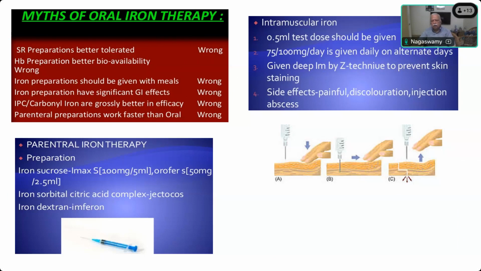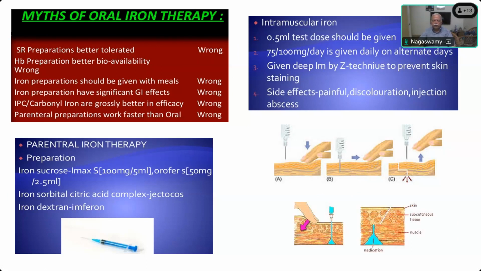There is a separate technique for injecting this Inferon, because otherwise it will leak out through the injection site and stain the skin and the clothes of the patient. So you adopt what is called the Z technique, where you pull the skin and fat, put the needle in, deposit the drug, and then release, so that the hole moves away from the needle port and the drug stays in the deeper tissues.